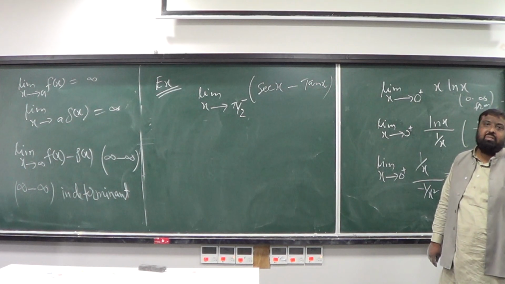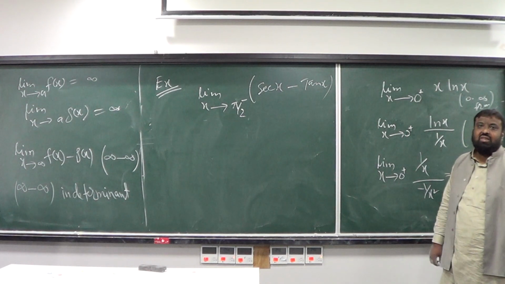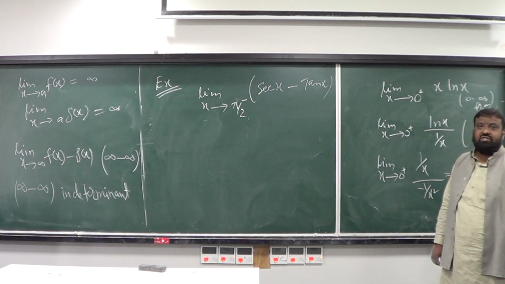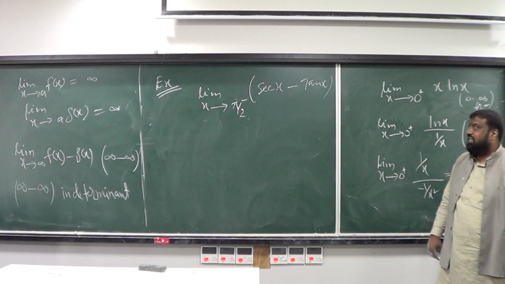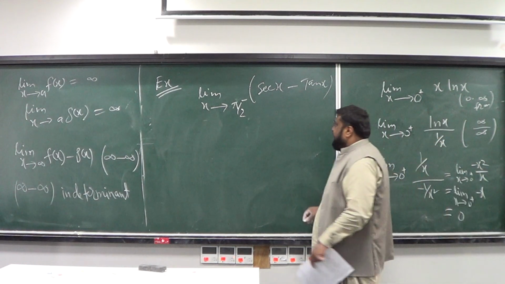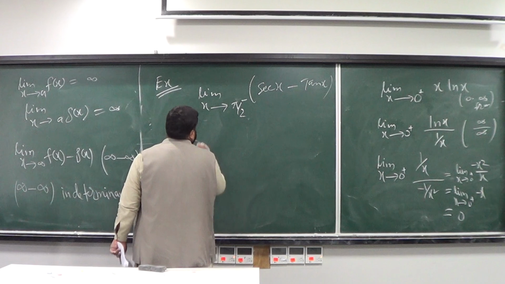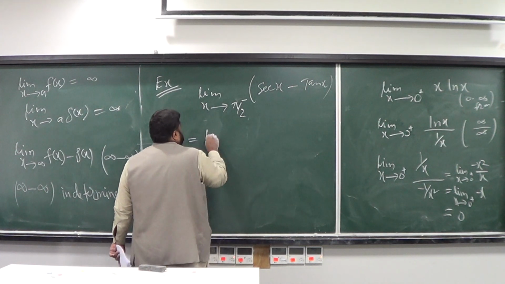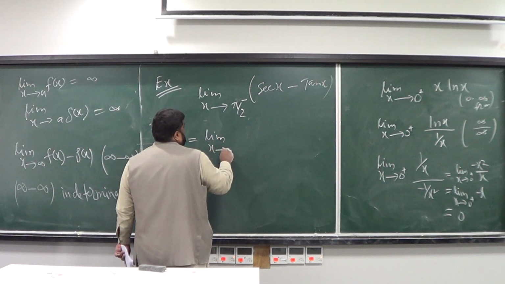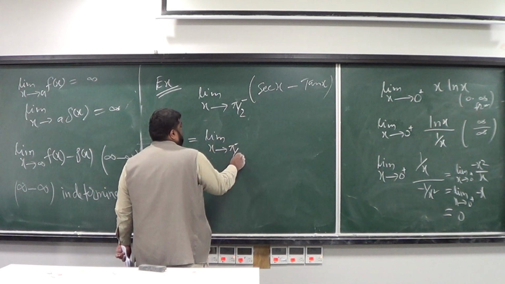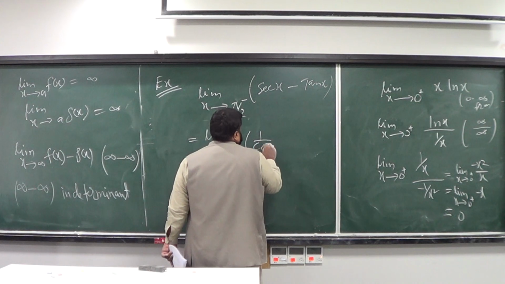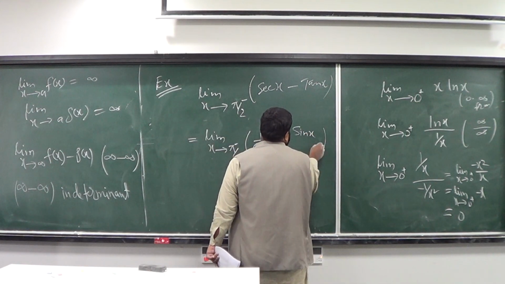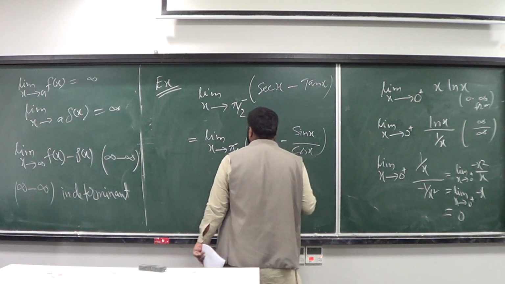You'll see that secant pi by 2 is infinity, and tangent pi by 2 is also infinity, so it's infinity minus infinity form. The question is, can we do something with it? The answer is yes. One way could be to substitute the values of secant and tangent, so we get 1 over cos x minus sine x over cos x.